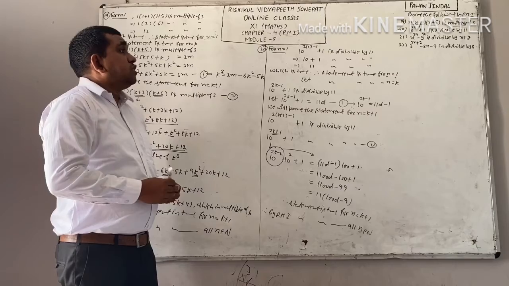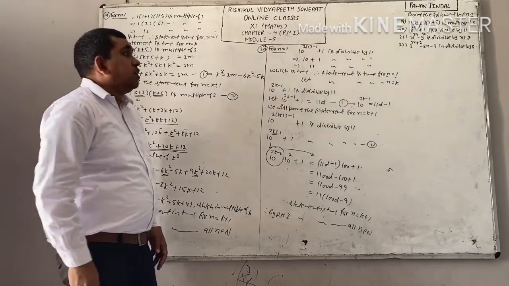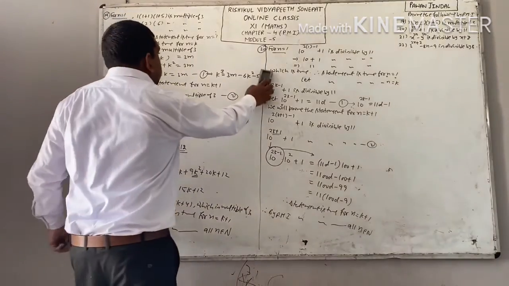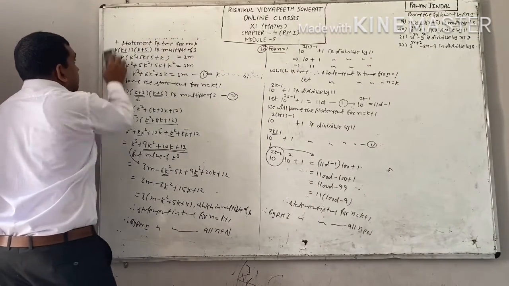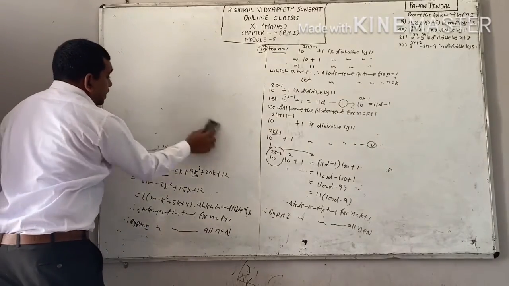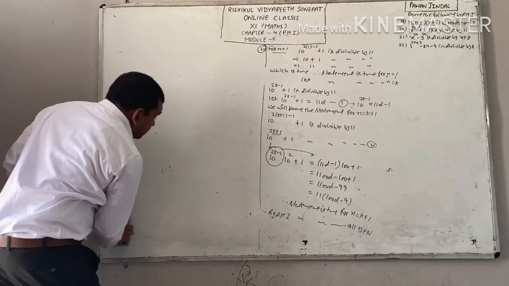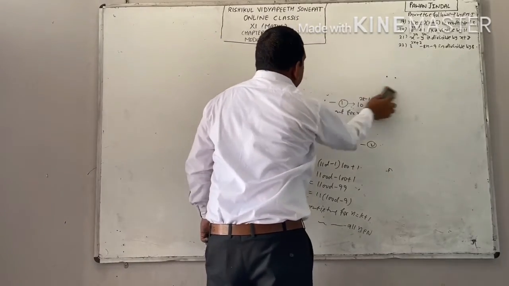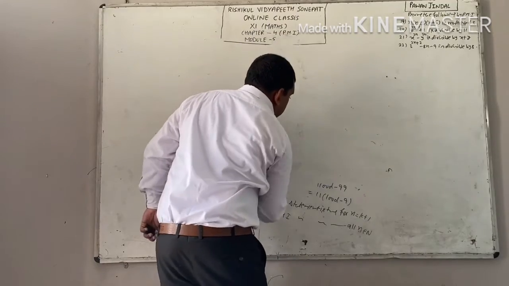Now move to next question, that is your question number 21. See. In question number 21 also we have to prove x raised to power 2n minus y raised to power 2n is divisible by x plus y. First step you can easily do. Put n equal to 1.